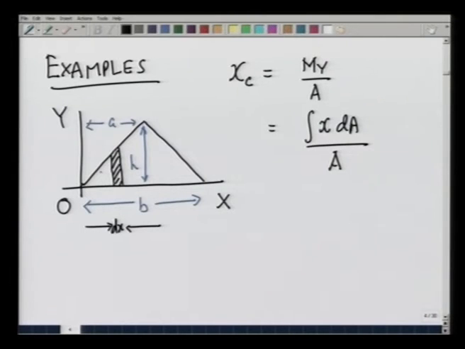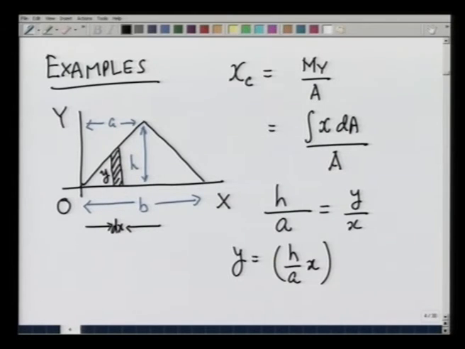The height of this is y. From similarity of triangles, I know that h divided by a is going to be equal to y divided by x, and therefore, y equals h over a times x. This is true as long as x is below a. For x greater than a, I take a small area here whose y is going to be different, and that also we can calculate.